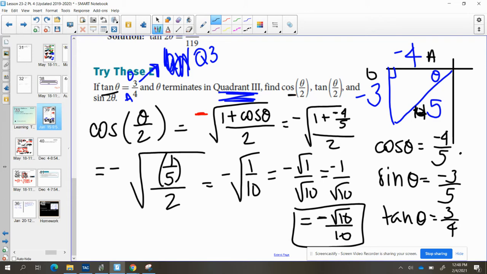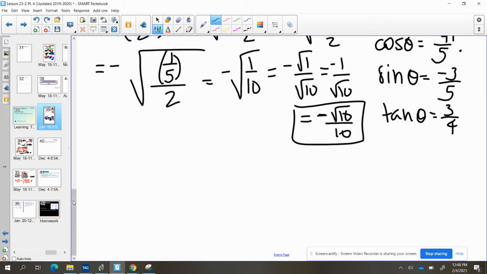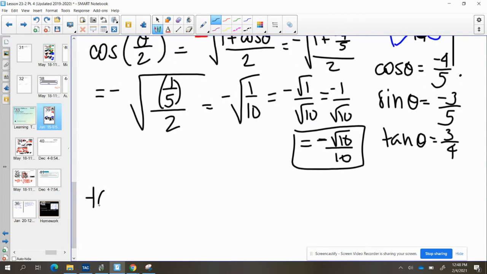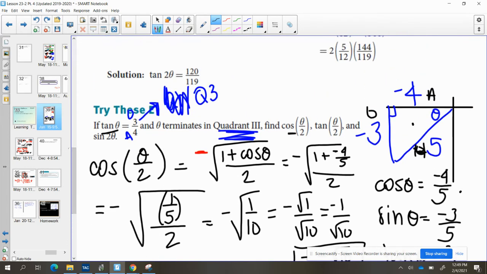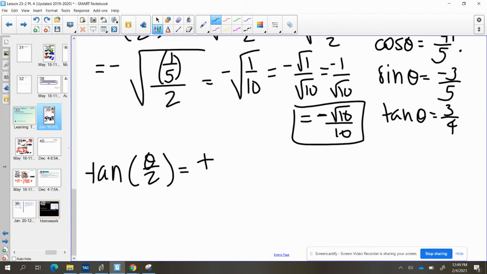Now the tangent example of the half angle requires us to first think about whether tangent is going to be positive or negative here. In quadrant 3, our tangent value is positive, so that's going to be positive for theta. But we have to be careful, because when we divide our angle by 2, think about the numbers that are in quadrant 3, 180 to 270.